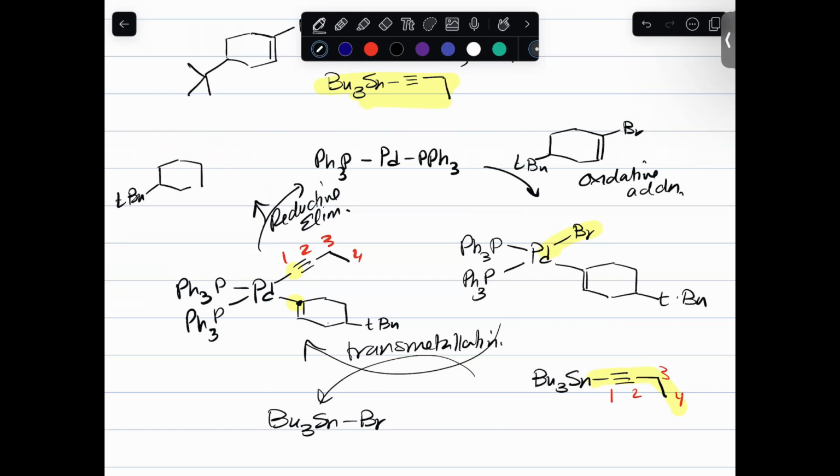Those are the ones that are coupling. That's the new bond. Okay. And in this case, you formed a carbon sp2, carbon sp bond.